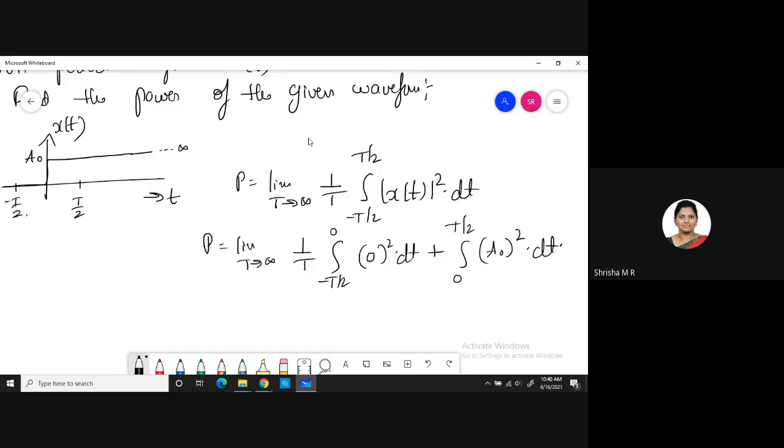So how do you solve this? Limit T tends to infinity, you have A naught square by T. If you integrate 1, you get t from limit 0 to T by 2. So what is the power? Put the upper limit minus the lower limit and find out the power.